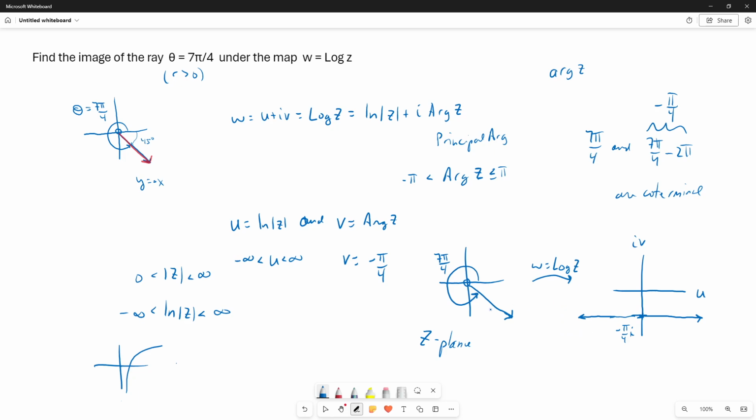Let's look into this a little bit more deeply. I'm wondering which point on the ray actually maps to this purely imaginary number, negative pi over 4 i. We'll notice that, again, as mentioned at the top, this ray is on the line y equals negative x.